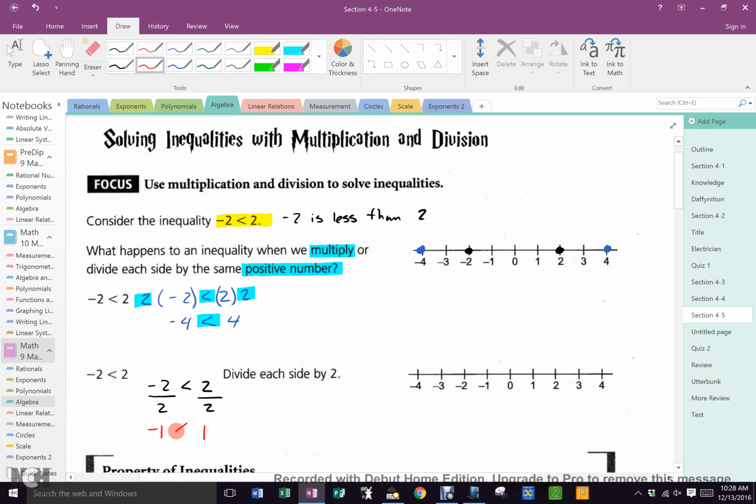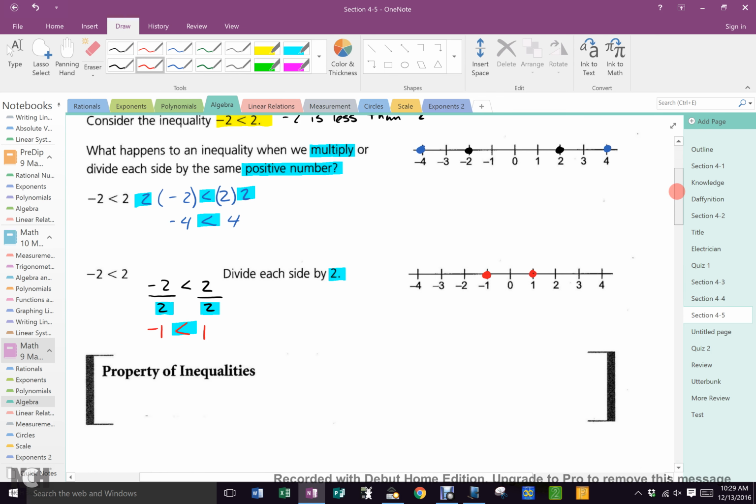The less than. So you will notice that if I divide by a positive, the sign doesn't change. Does everyone see that? So if I put it on the graph, I am now at -1 and +1. And you can see that the sign doesn't change. Does everybody see that?